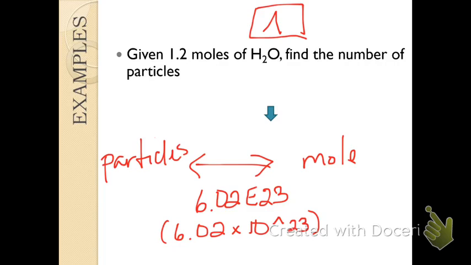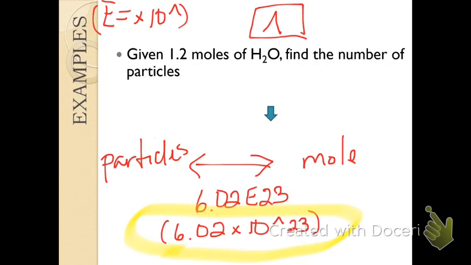But if you do that, please note that this has to be in parentheses each time, because the parentheses will tell your calculator that it's one thing. Otherwise, just use 6.02e to the 23, because that e is actually equal to times 10 and the caret key. And your calculator knows that it also is in parentheses. That e key does it all. But if you're not going to use that, please make sure that you take 6.02 times 10, caret key 23, and that's all in parentheses.